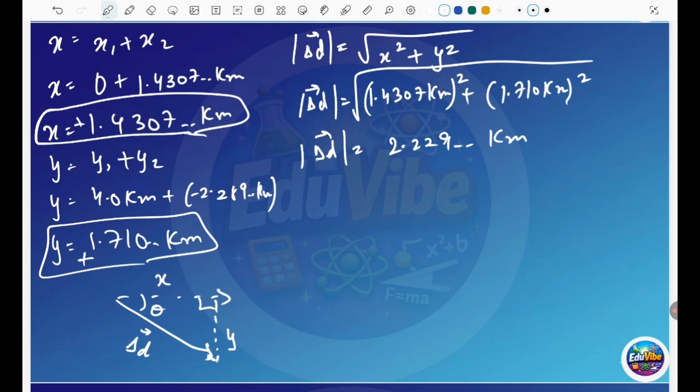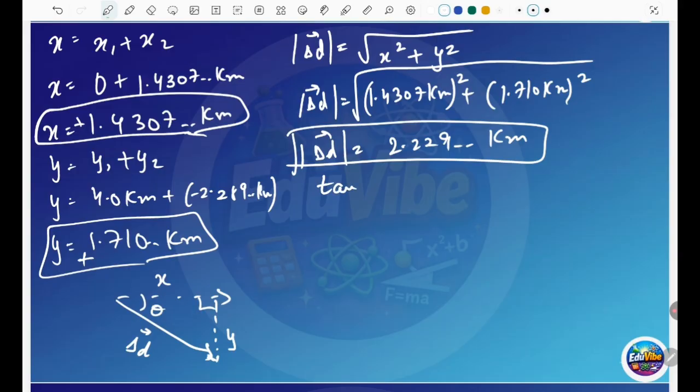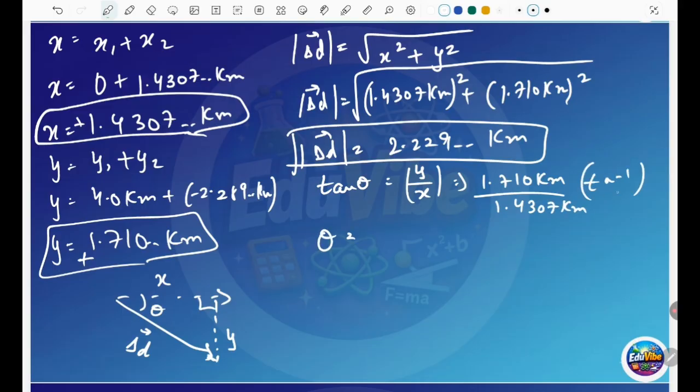So this is your delta D, and we have to find tan theta, which is y upon x, perpendicular upon base. So this is 1.710 kilometers over 1.4307 kilometers. When we take tan inverse of this, which is equal to theta, you get about 50.084 degrees.